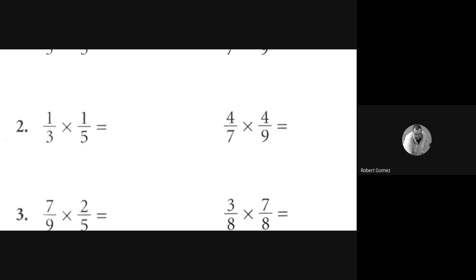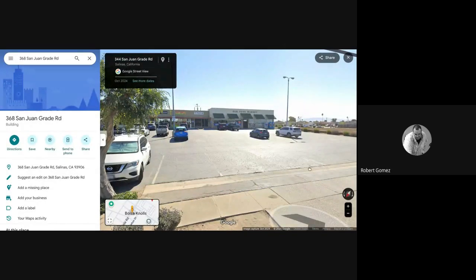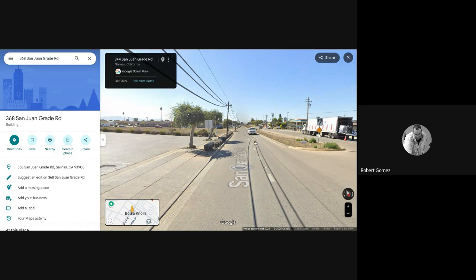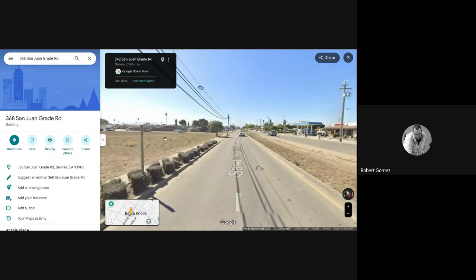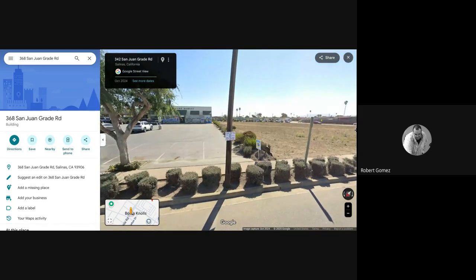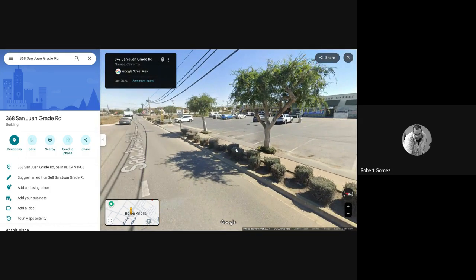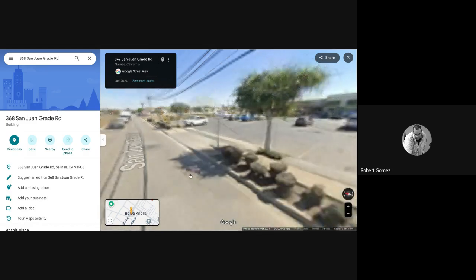Right now, I'm kind of fiddling around with Google Maps with the street view. This is like down the street from that church we were looking at, where they're doing the blood panel.